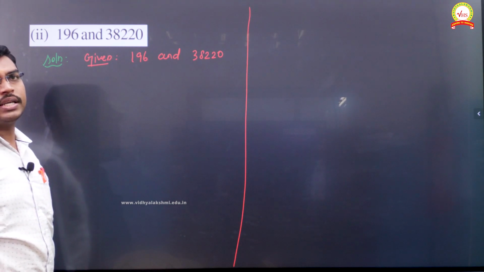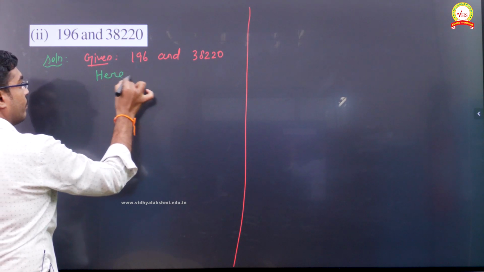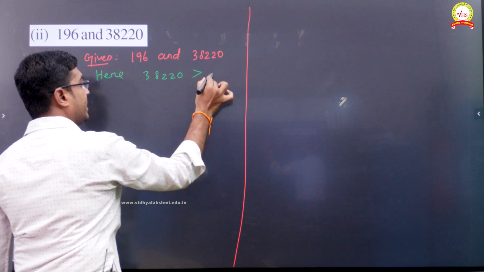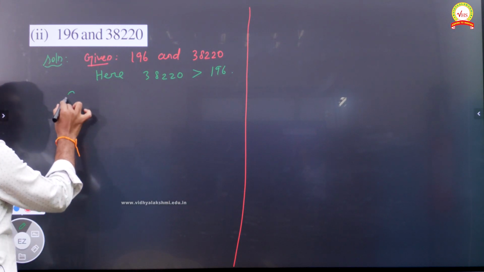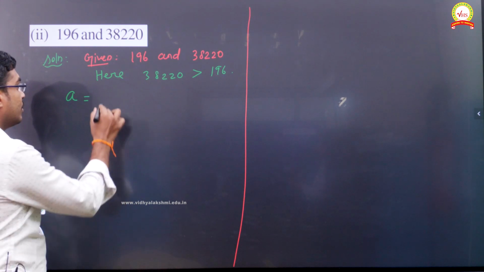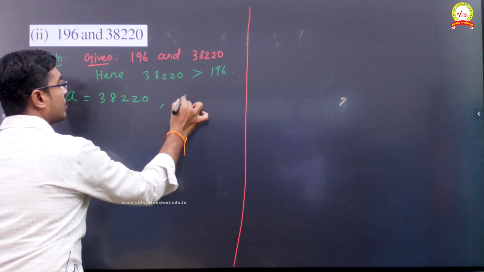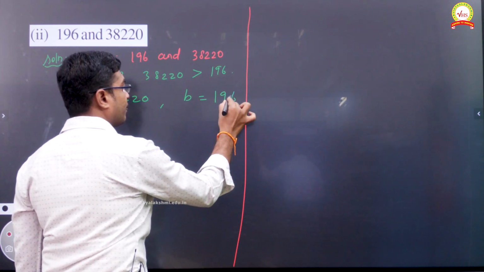Okay, which one is the larger number here? 38220 is greater than 196. So I am going to take A as the dividend, which is the larger number, 38220. So I am going to take B as 196.